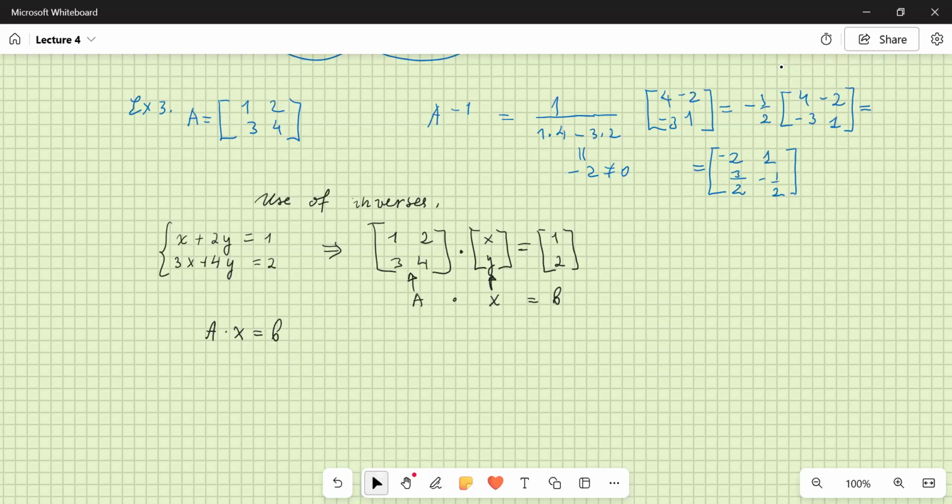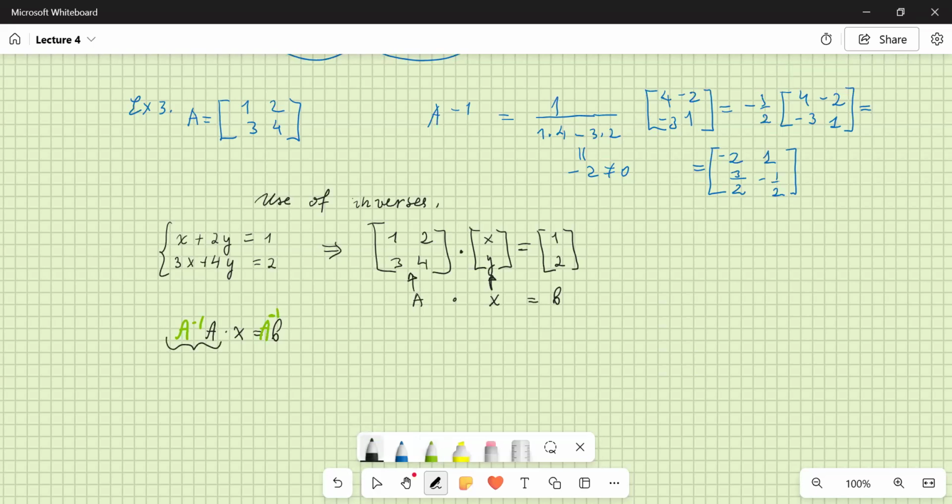Imagine that you multiply the left and right sides of this equation by the inverse. I'm going to use green. So I'm going to multiply here by A inverse and here by A inverse. Of course, we consider that A inverse exists, if matrix A is not singular, right? What are we going to have in this case?